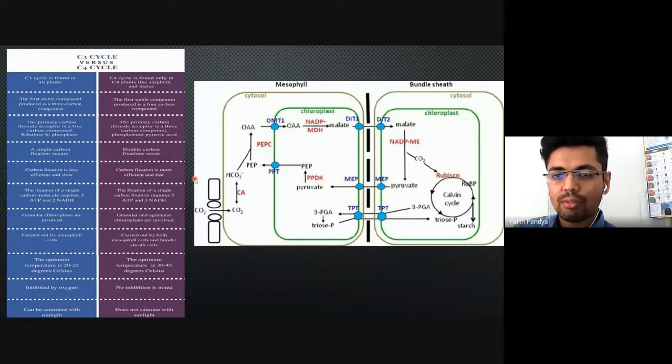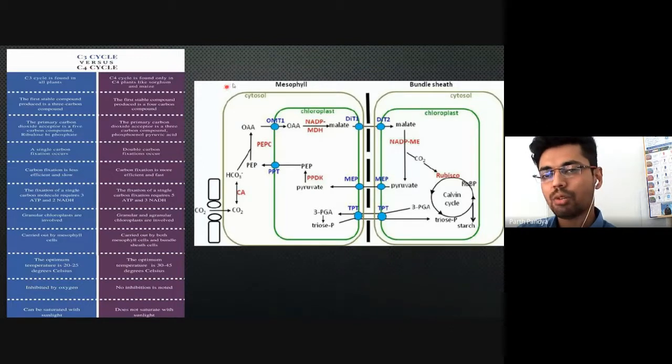Likewise, we also have the C4 cycle, which is found in the mesophyll and the bundle sheath cells. Here, phosphoenol pyruvate plays a major role, and PEP carboxylase is the rate limiting enzyme, the key player in converting phosphoenol pyruvate to oxaloacetic acid.